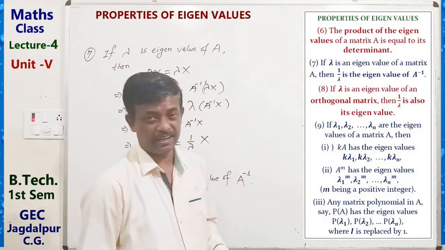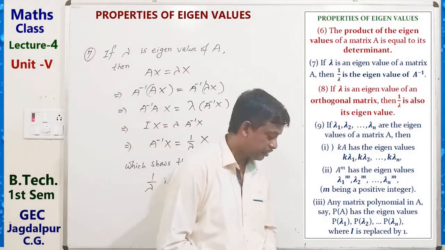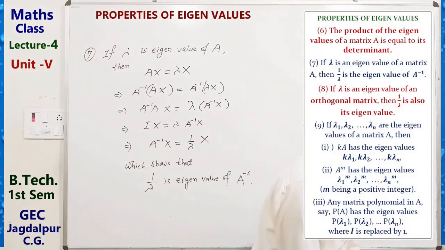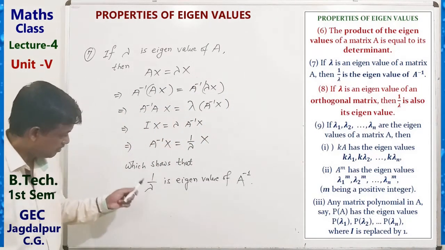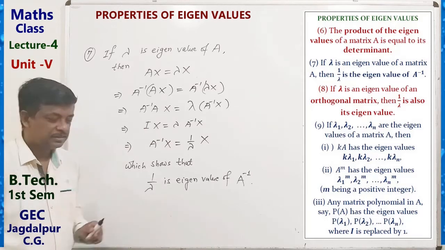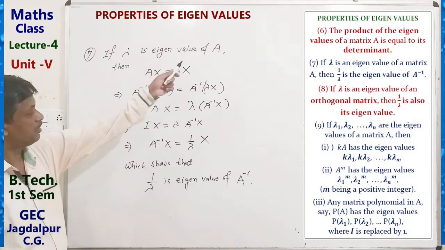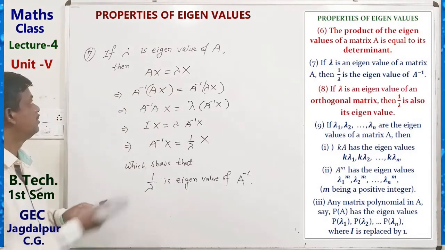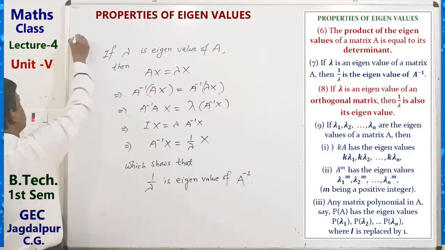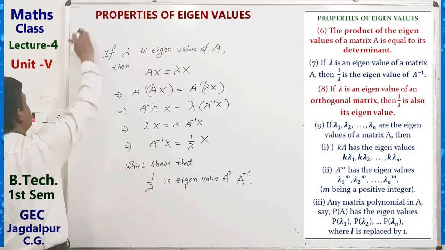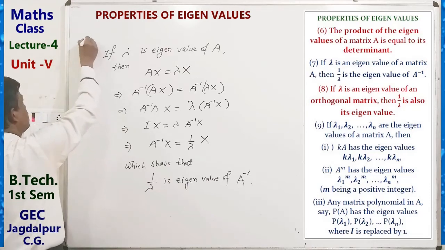A dash A equals I. Orthogonal matrix means A dash A equals I. Clear? So here, from this, if lambda is an eigenvalue of A, then 1 by lambda is an eigenvalue of A inverse. So here 7th property. Property 7. Not 8.